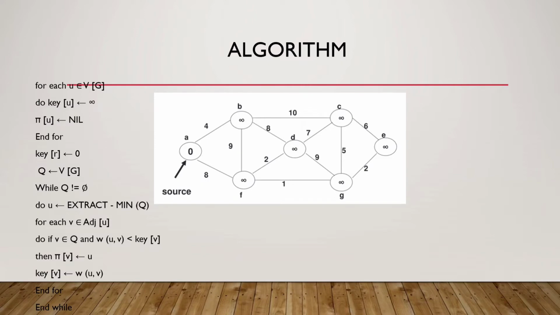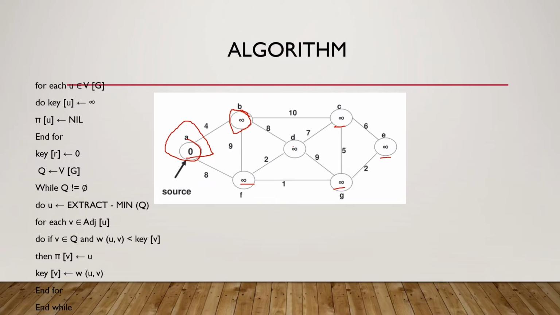Here I'll show you: I will set every key[u] to infinity, here, here and here. The next step is that the parent of u will be nil. Since it is not a directed graph, you can consider every parent as nil. Since I'm taking A as the source, I do this for nil. So the first four steps are complete.